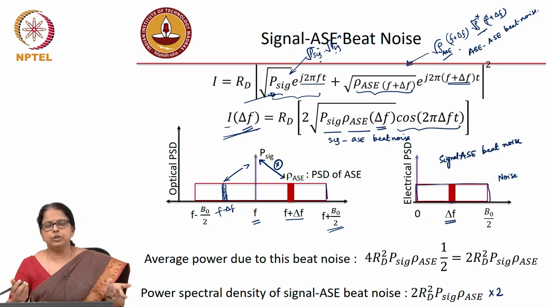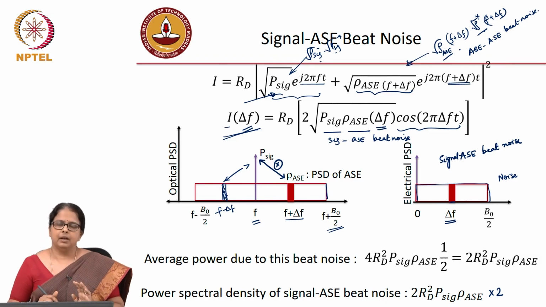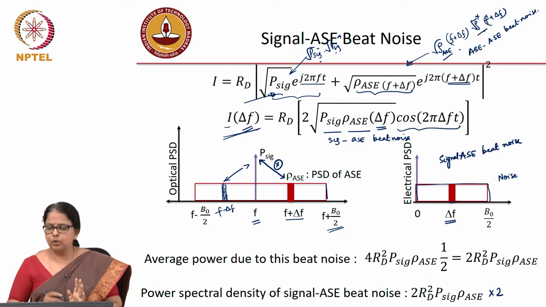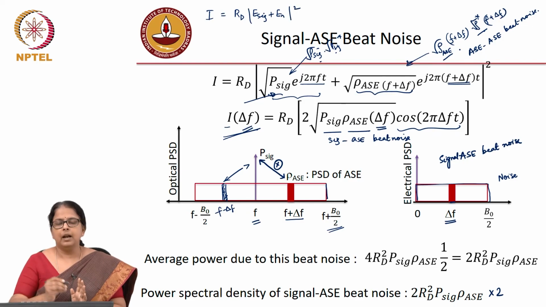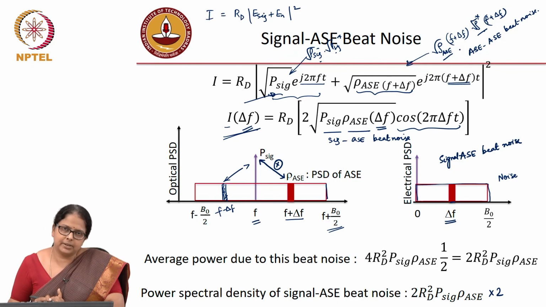But at the same time, I should also remember that my signal could be of a specific polarization and my ASE could be of random polarization. When I wrote this expression, I equals Rd times the modulus square of E sig plus En, I could add these fields only under the assumption that both the signal and the noise are of the same polarization.